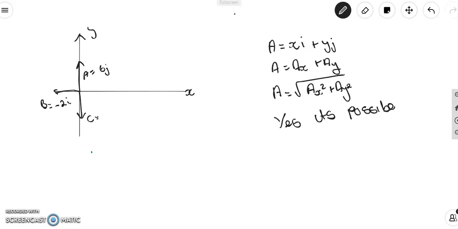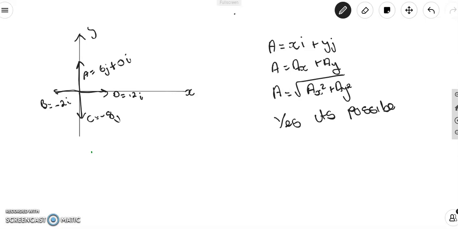Let me call it C equals minus 8j. And another vector along the axis is this one, D equals 12i, right? So i is the x component, j is the y component. In this, A equals 6j, there's no i component. I didn't write the i component because it's actually equal to 0.